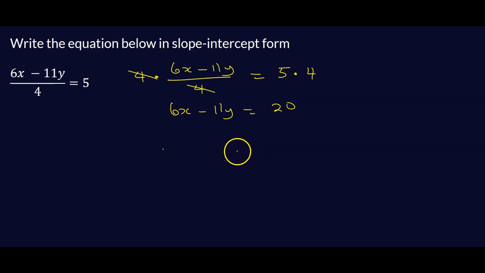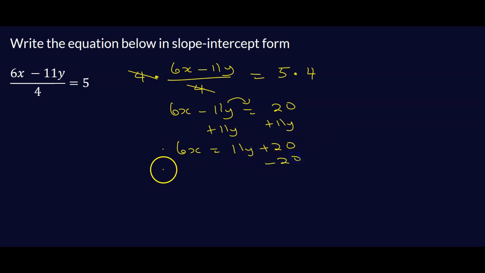So you have two things you can do here. You can either move the y over to this side. I would probably do that. So let me move the y over to that side, plus 11y on both sides. So this is going to be 6x equal to 11y plus 20. And then I'm going to subtract 20 from both sides. So I have 6x minus 20 equal to 11y.